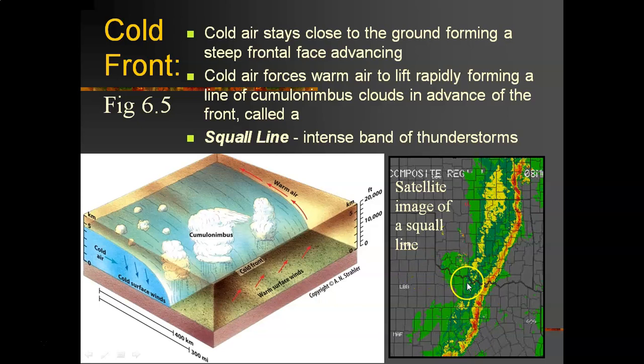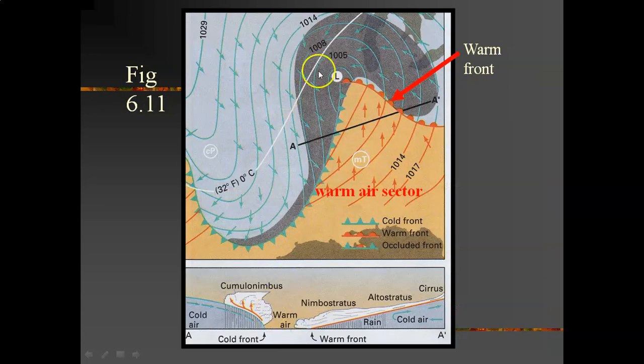It usually moves through pretty fast, and it's usually thunder and lightning. And once it passes, you're going to have cold and dry air associated with the cold air from Canada. And so here we've got a diagram showing the warm air forced to rise rapidly as the cold, dense air stays close to the ground, and the cloud associated with cold fronts.